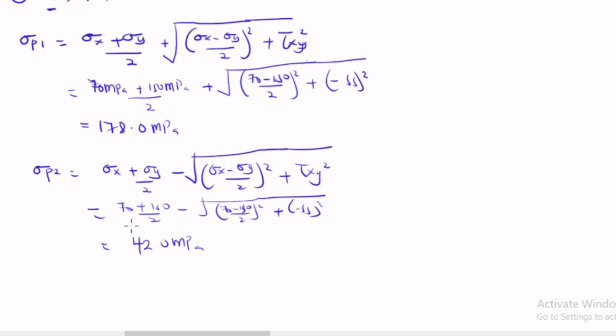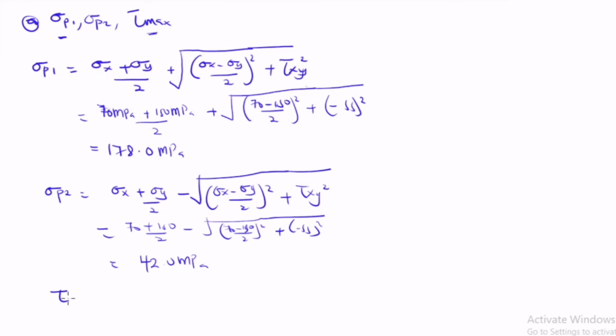Then we move on to the tau max. For the tau max, what you're going to do is that the formula for the tau max is the maximum in-plane shear stress. In this case, you're going to have plus or minus square root of the stress in the x direction minus the stress in the y direction all over 2 all squared, then plus the tau xy squared.